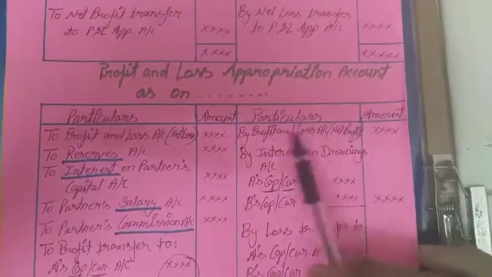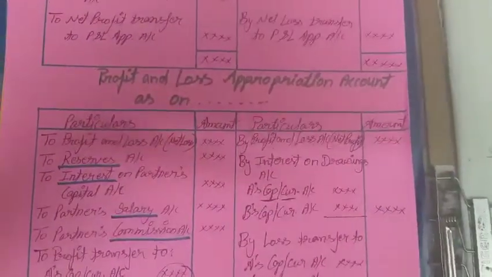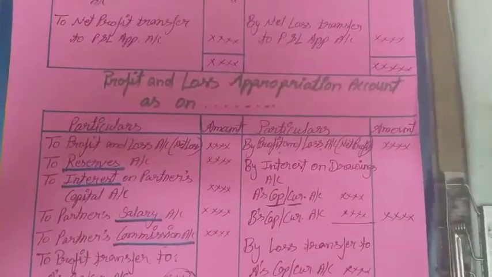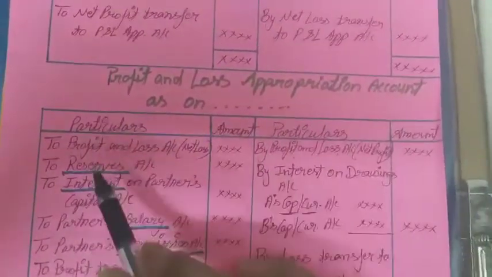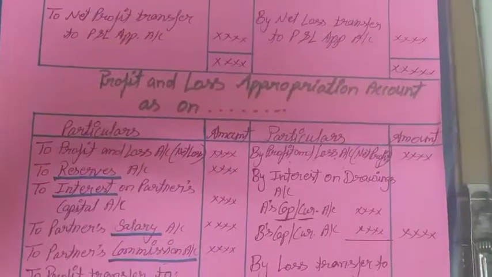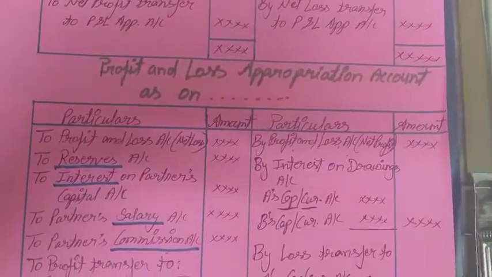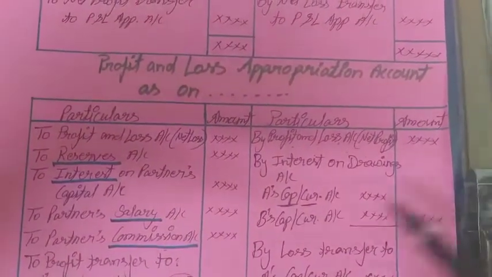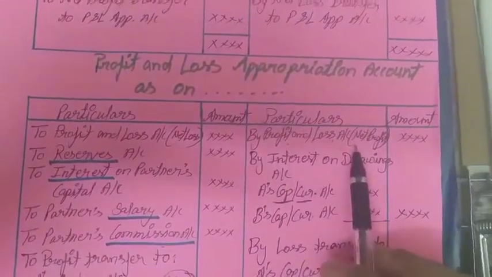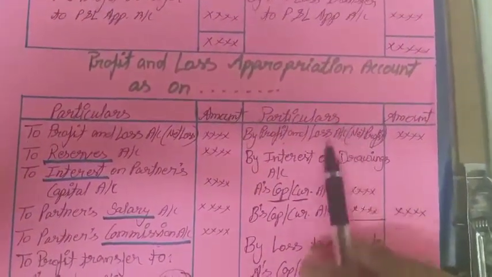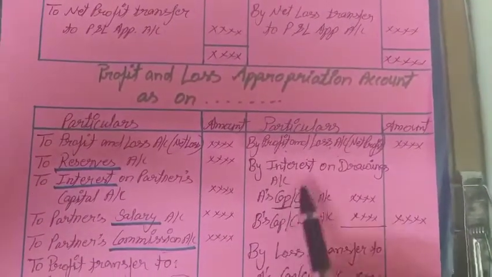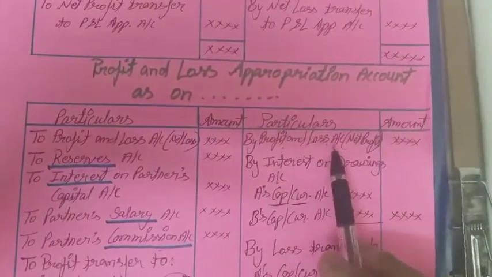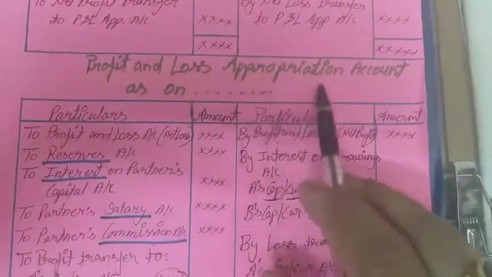First of all, in the problem, we have to find out whether there is net profit or net loss, then according to that we have to pass the journal entry. If there is net profit in the profit and loss account, what journal entry will be passed? Profit and loss account debit to profit and loss appropriation account.